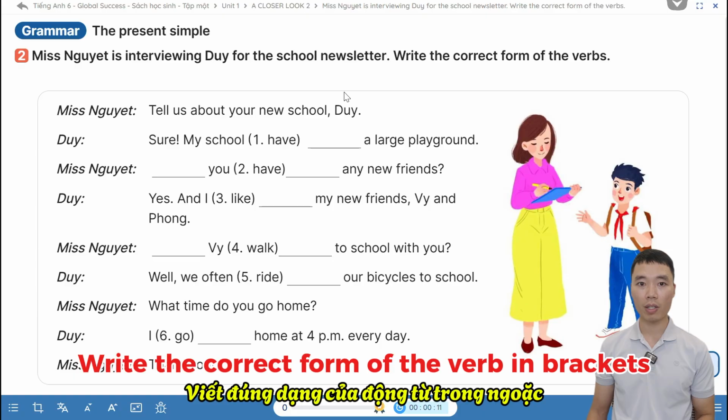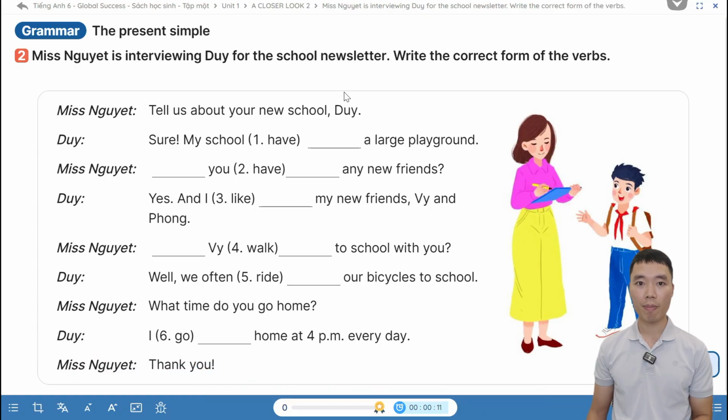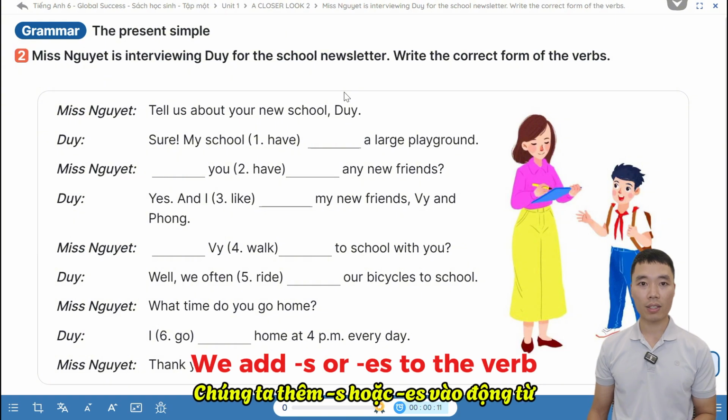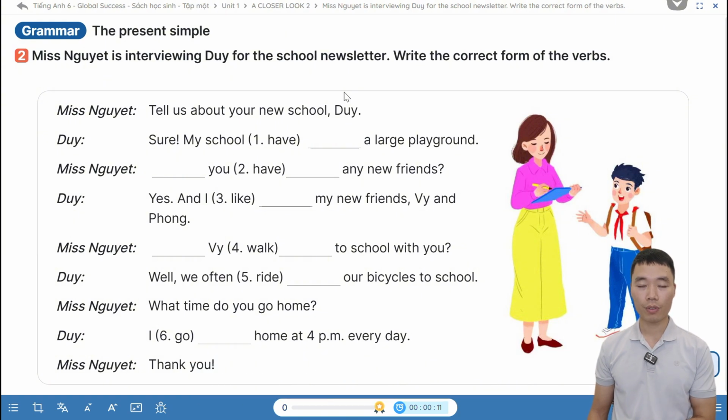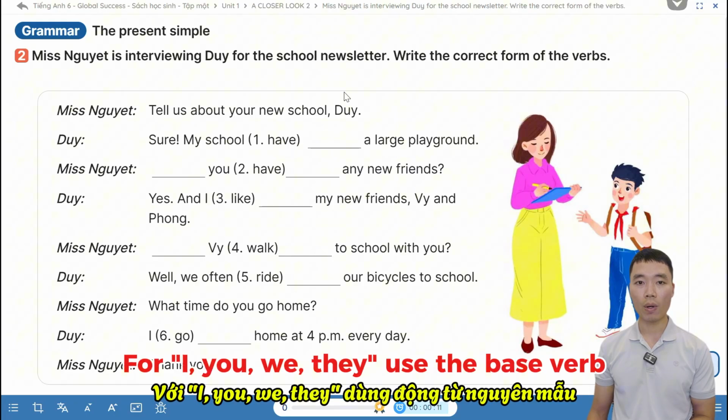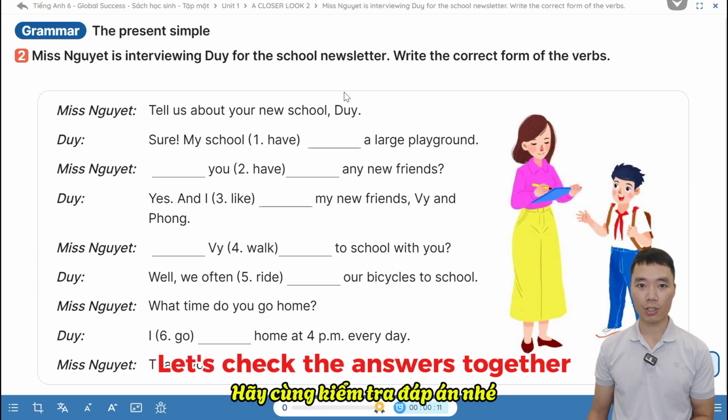Write the correct form of the verb in brackets. Remember, with he, she, it, we add s or es to the verb. For questions, use do, does. For I, you, we, they, use the base verb. Let's check the answers together.